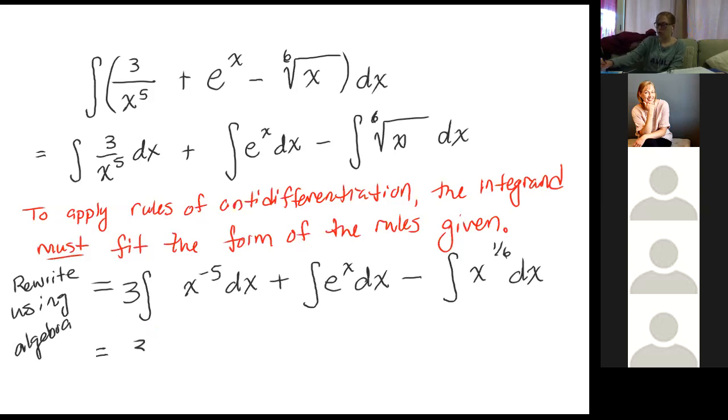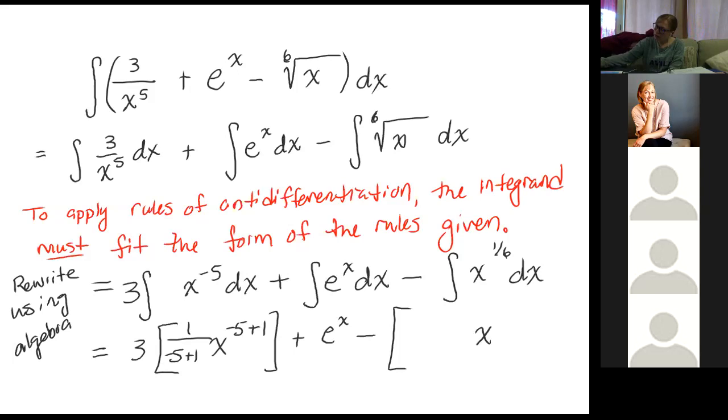This is equal to 3 times the antiderivative of x to the negative 5th, which is x to the negative 5, with that power increased by 1, multiplied by the constant 1 over negative 5 plus 1, plus the antiderivative of e to the x, which is just e to the x, minus x raised to the power of 1/6 increased by 1, multiplied by 1 over that power of 1/6 also increased by 1.